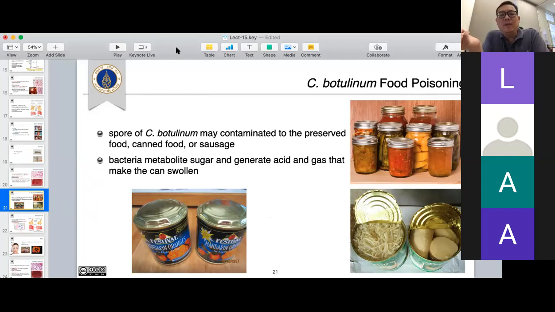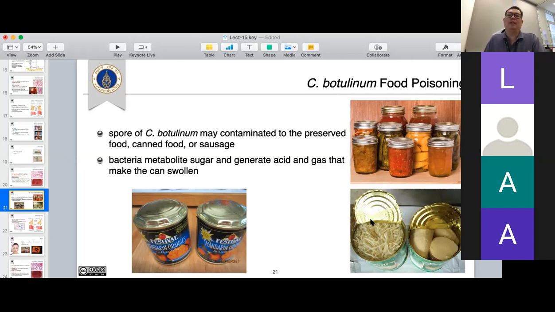Normally, vegetative cells die already, but spores still remain in preserved food. In some countries, people make their own pickled cucumber, kimchi, or in Thailand, we make bamboo shoot. Right? We preserve bamboo shoot. And you probably hear some news some years that people die from eating bamboo shoot contaminated with Clostridium botulinum. Okay.